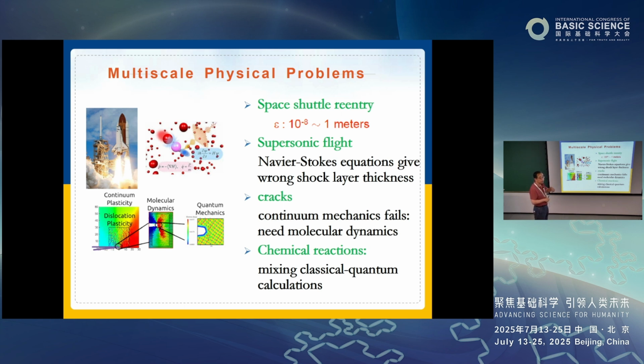But around the crack, those continuum relations are not valid. So you have to do molecular dynamics simulation, and therefore you have to couple molecular dynamics simulation with continuum mechanics simulation. And also in chemical reactions, you usually have to do a lot of quantum dynamics simulations. So a very viable numerical tool is to mix classical and quantum computation.